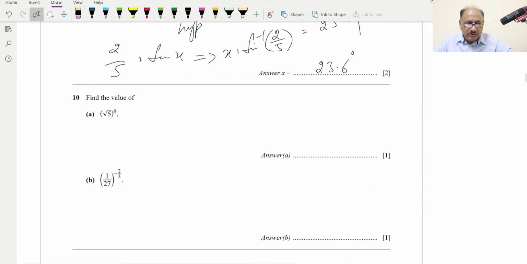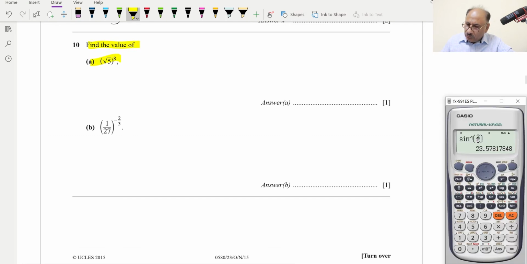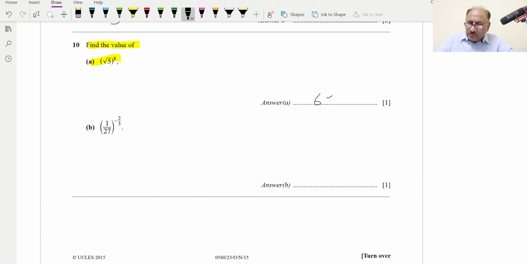Now question number 10, find the value of this one. We can use the calculator for that. Bracket square root of 5 raised to the power 8 is equal to 625. So our answer will be 625.